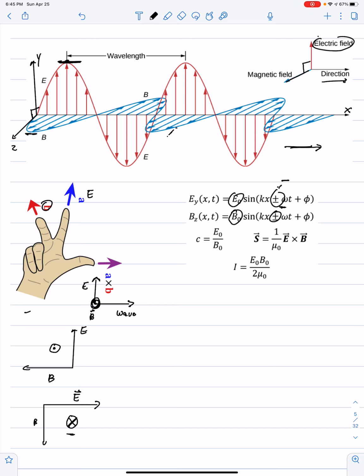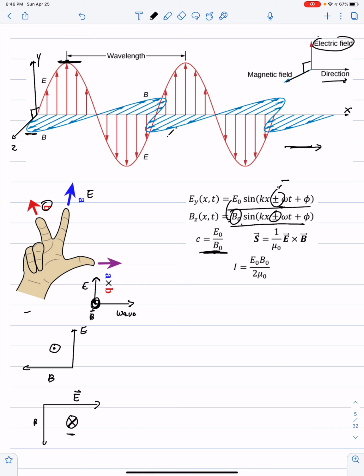Another thing is the relationship that it has with the speed of light. This equation right here describes the relationship between the speed of light and the electromagnetic wave. If you have the peak electric field, you can easily find the peak magnetic field, substitute it, and you have the equation for the magnetic field.